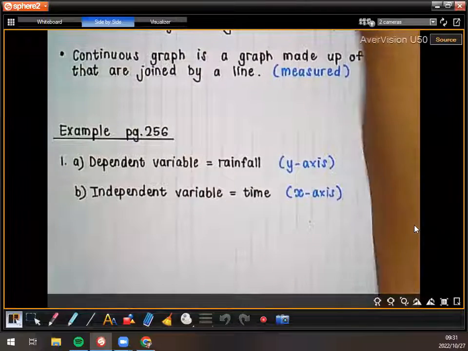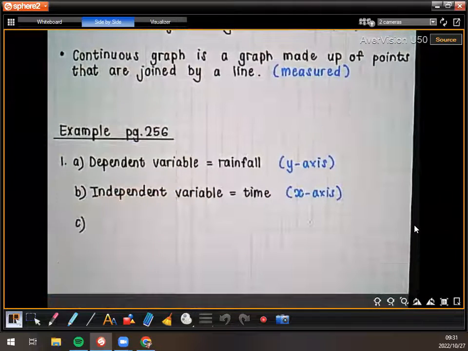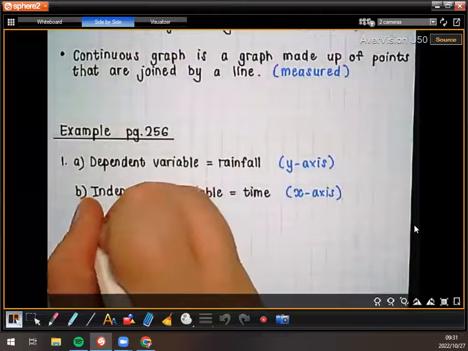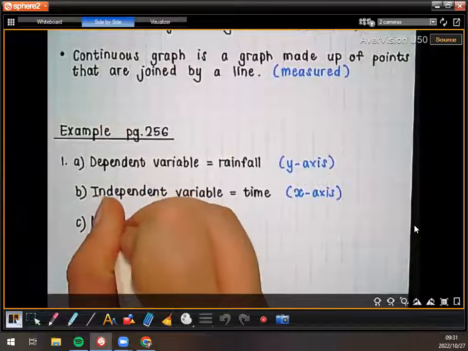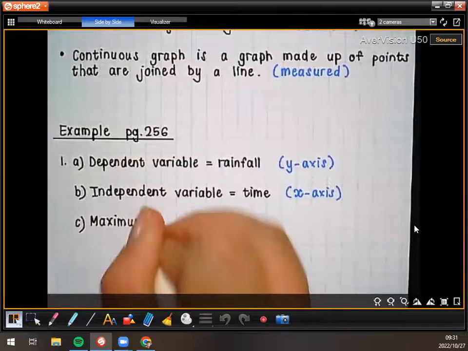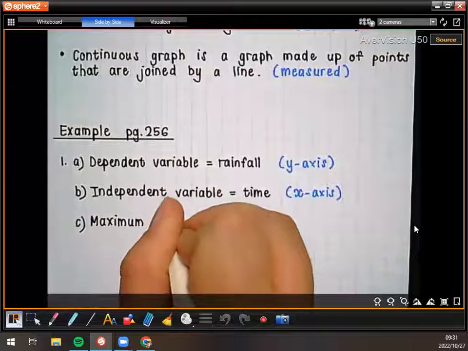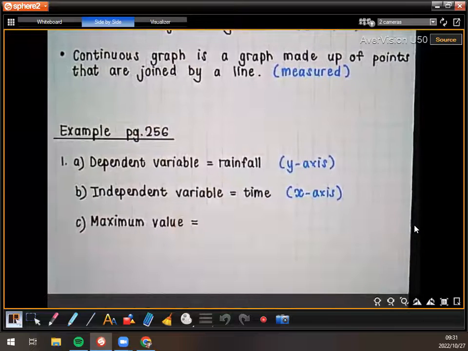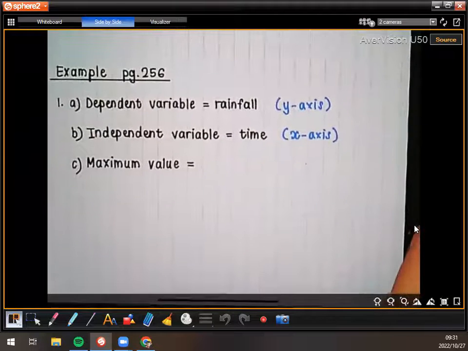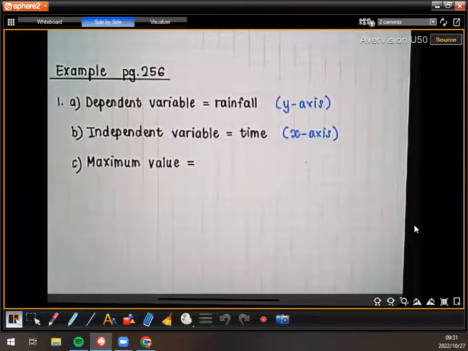All right, for C, they're now asking us for the maximum value. I'll show you now on the graph. I'll put that up on the board now.